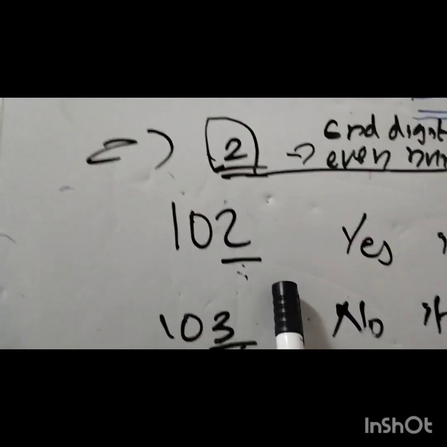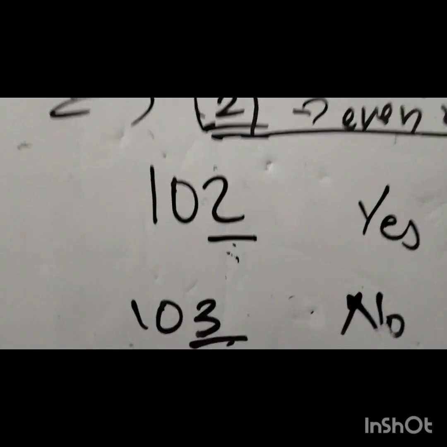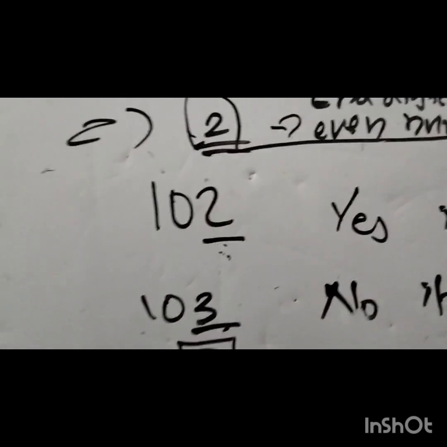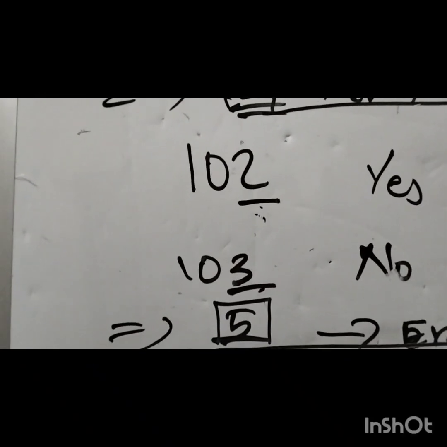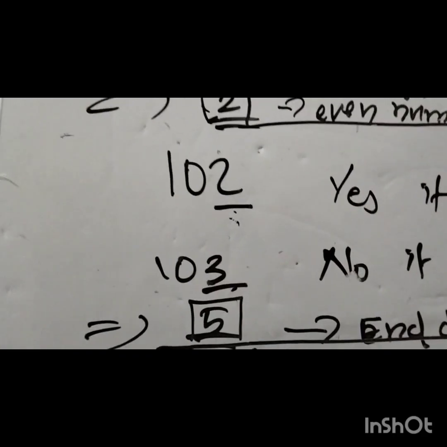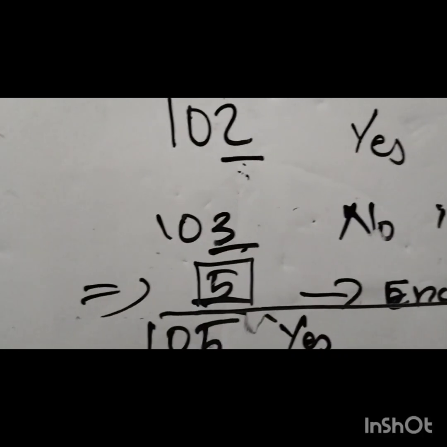If the end digit is even, it is divisible by 2. It is not difficult to solve. 103 ends in 3, an odd number, so it is not divisible by 2.